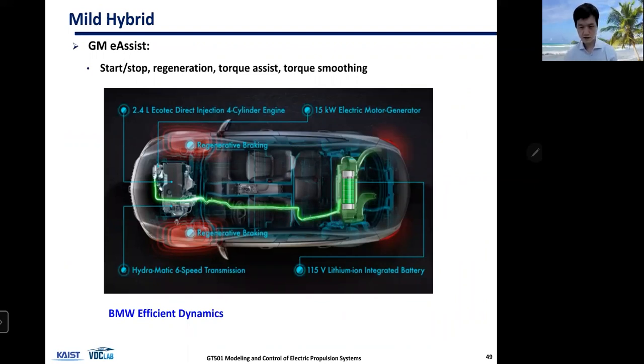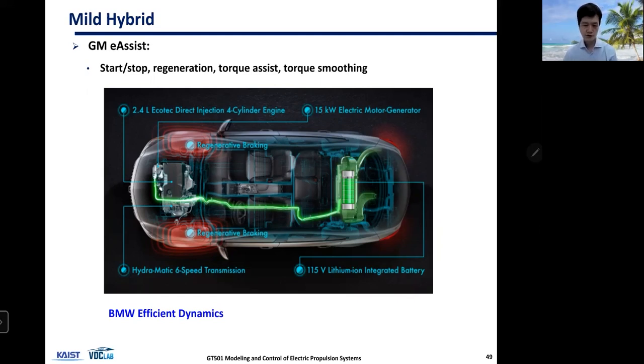The main benefit of using 48 volt is that below 60 volts, there is no safety concern from electric shock or something like that. So to avoid electric shock, usually you have to use more expensive and heavy cables if you are using high voltage.